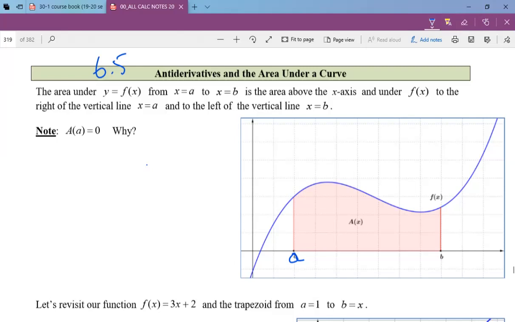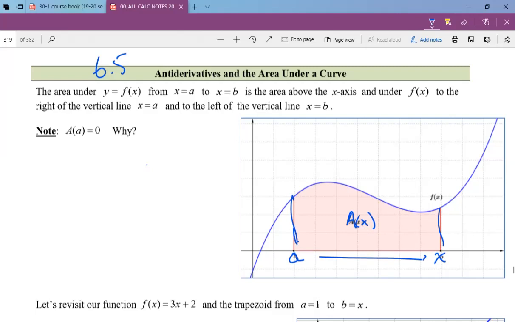We're going to call that a function A of x. And A of x is going to be defined for an interval from a to x. And it'll be our area. So it's a function, and it's dependent on this interval from a to x, that it is the area that's under this curve and bound by these things.